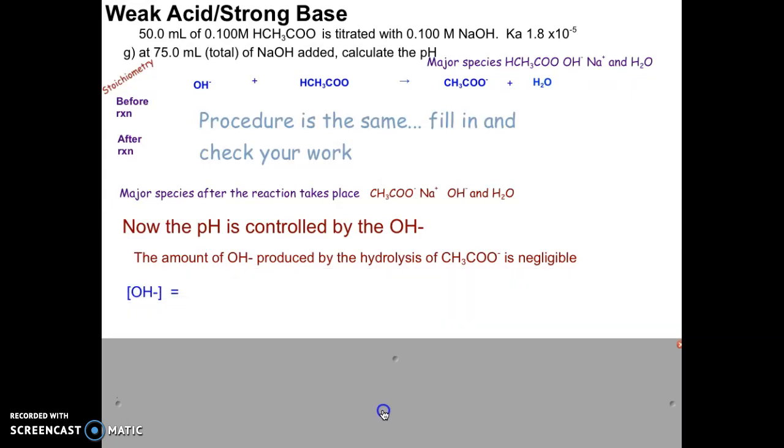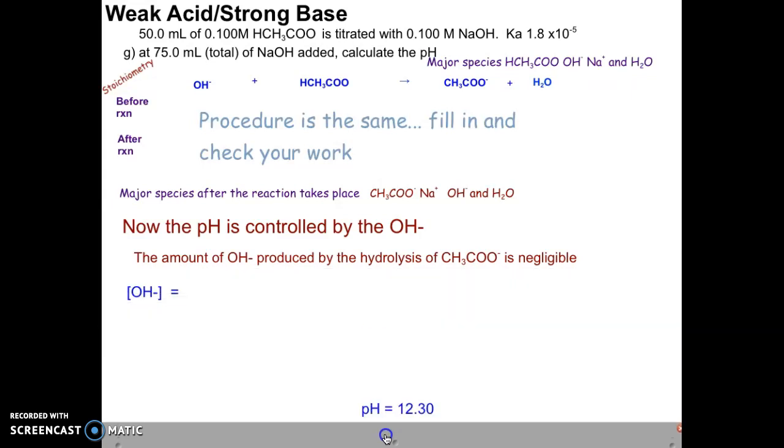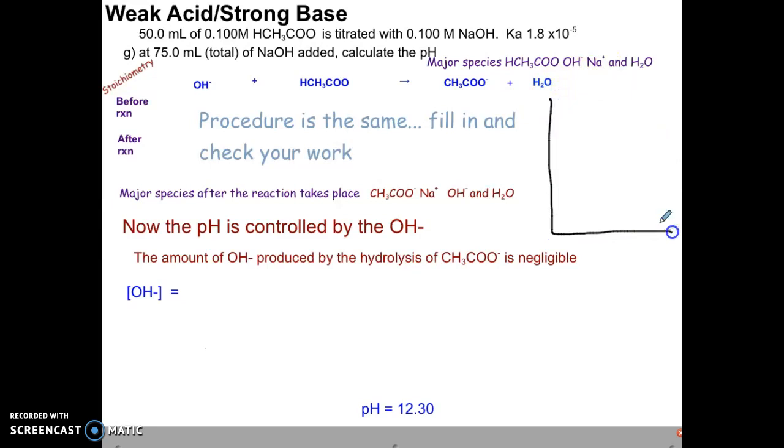Okay, hopefully you got it now, and you saw that the hydroxide ion concentration, I didn't really calculate what that was, but you should have a pH of 12.30. The other thing that I find interesting when you're drawing your curve, and this is for a weak acid, you have this area in here, and really, let me erase that because it shouldn't be this steep.